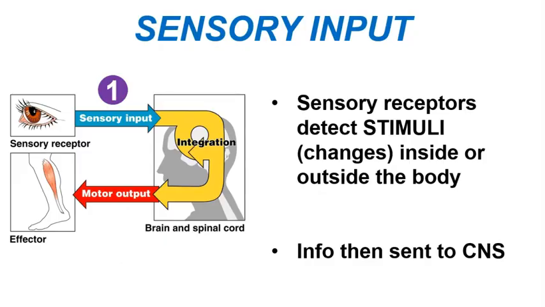So let's begin with sensory input. We see that the body has many different types of sensory receptors that are specialized to detect specific stimuli or changes that are occurring either inside of the body or outside of the body. This sensory information is then sent to the central nervous system.